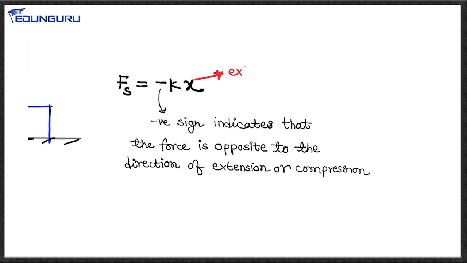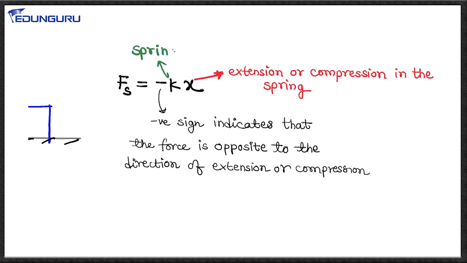x is the extension or compression in the spring. K is the spring constant.